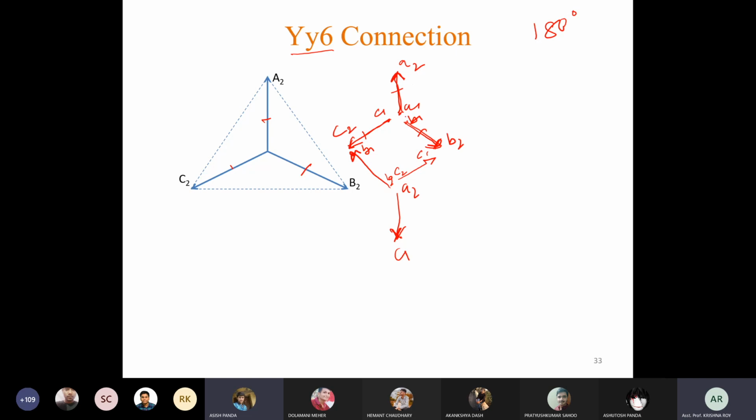Previously, we have shorted all the 1 terminals. Now we have to short all the 2 terminals in the secondary side. Okay, so let us see. So this is now the reference.